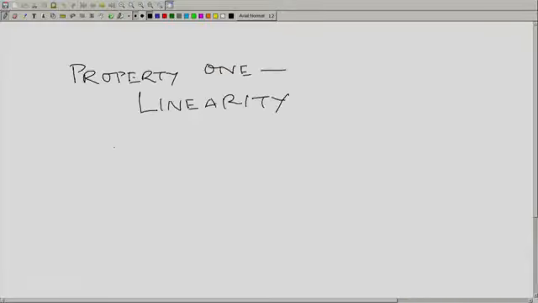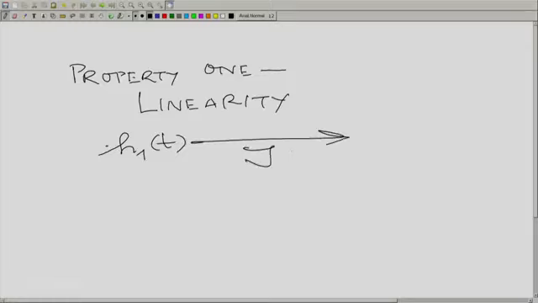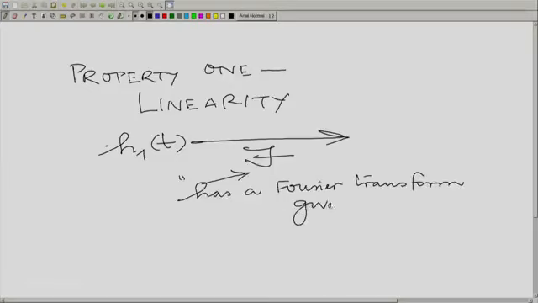So, if h1(t) has the Fourier transform, now we are going to use a symbol to denote Fourier transformation. When we write script F like this, we mean has a Fourier transform given by capital H1 of omega.